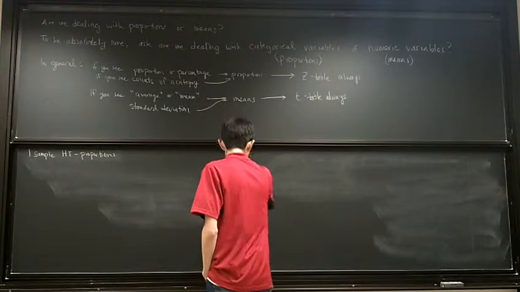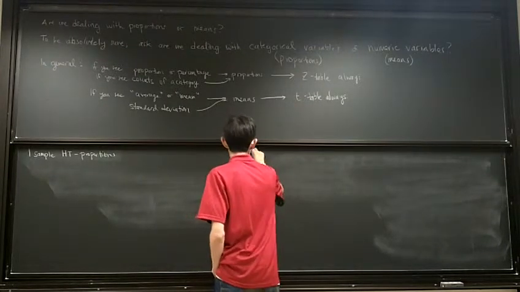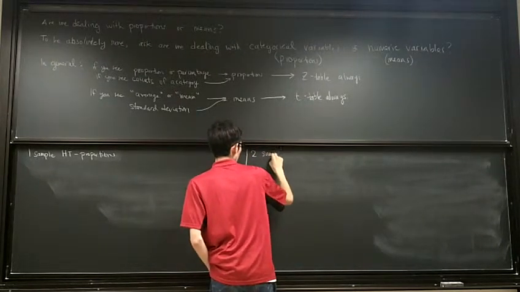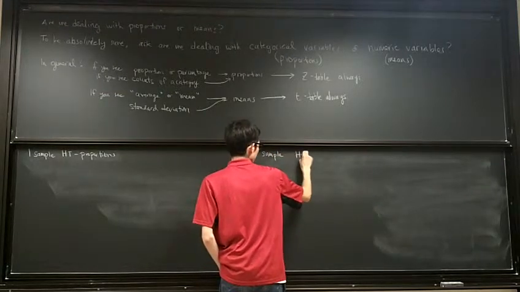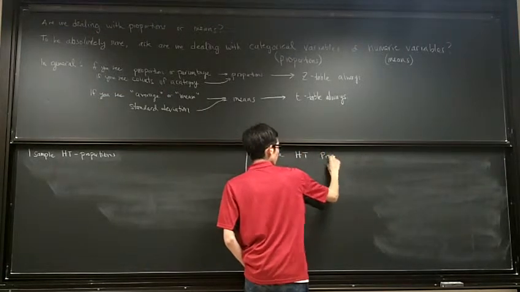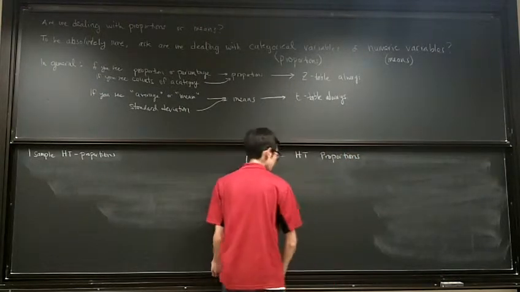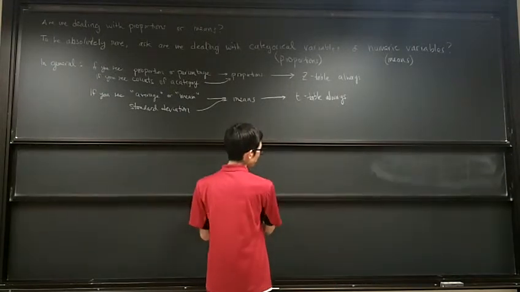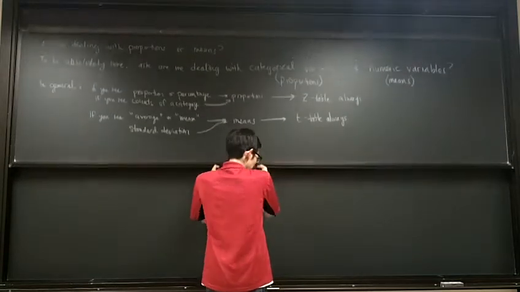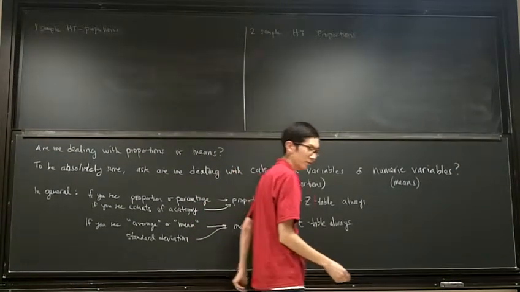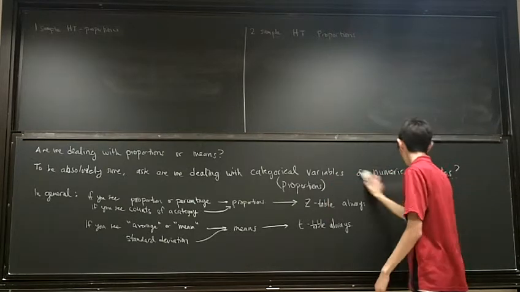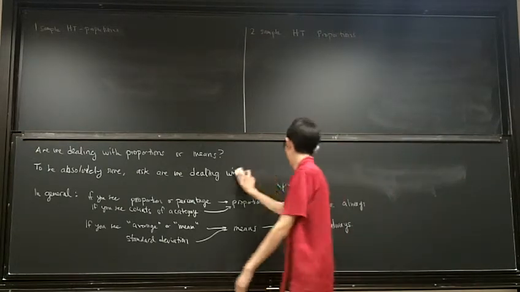Is this about halfway? And then I've got two sample hypothesis tests for proportions. Okay. And then I'm gonna put all four up on the board here. So I don't know how you want to set up your papers, your notes.